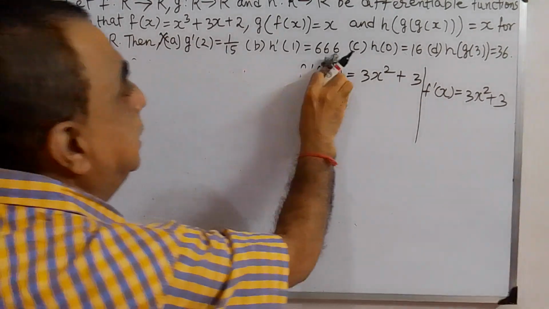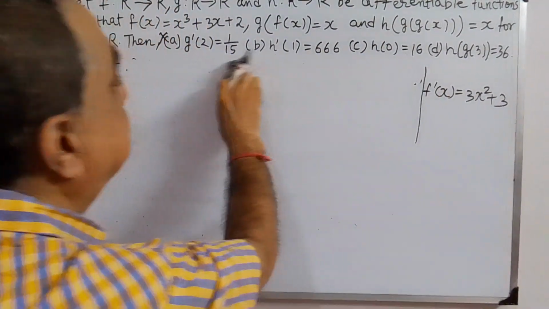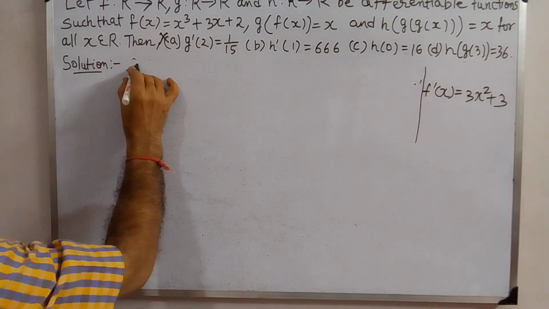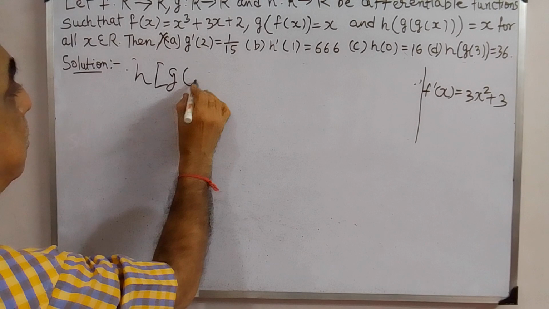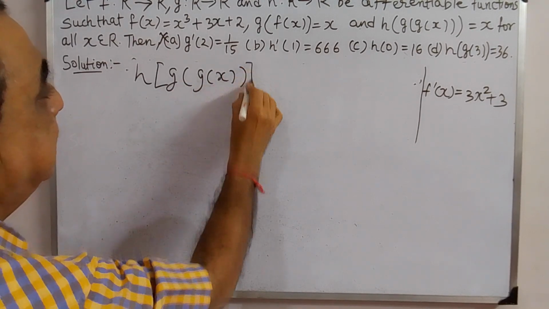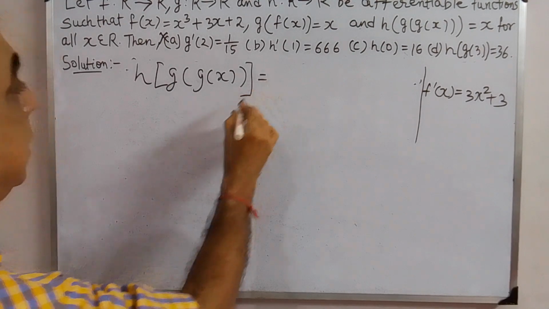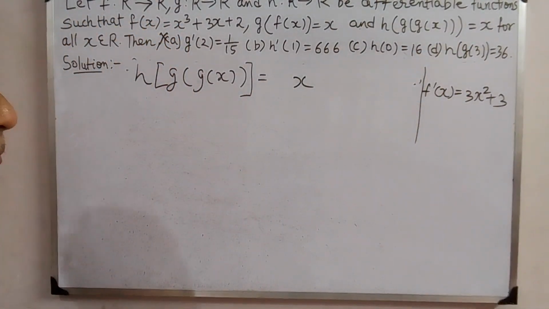Now see what we are getting here. Here we have h of g of g(x). f of g(x) is given to be equal to x.